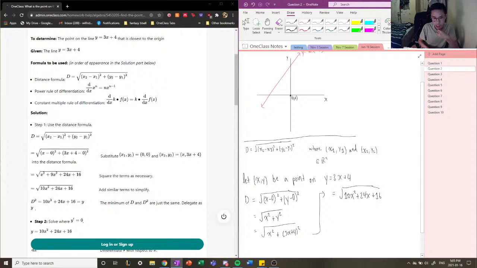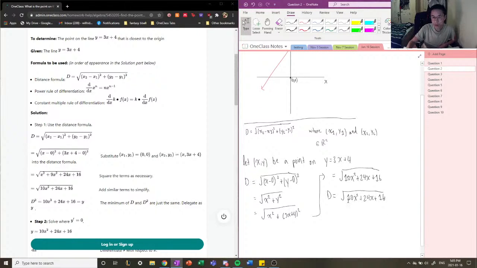Okay? So I expanded this bracket and then I added everything together. And now we have found a distance formula from this point on our line to the origin. However, that's not the only way to describe what we see here, okay? We have created a new function that calculates the distance of any point on the line to the origin, okay?